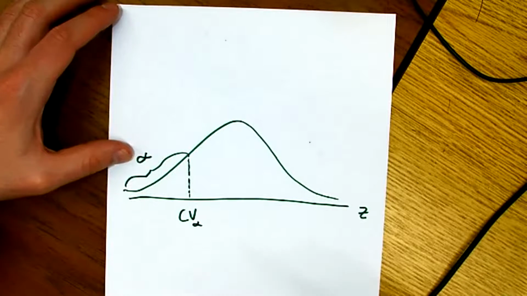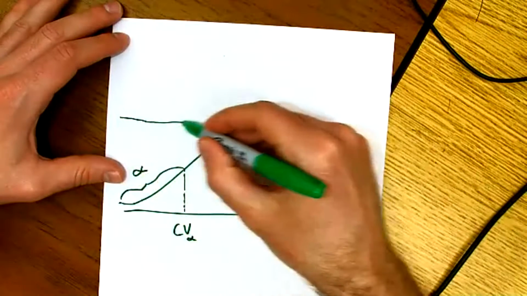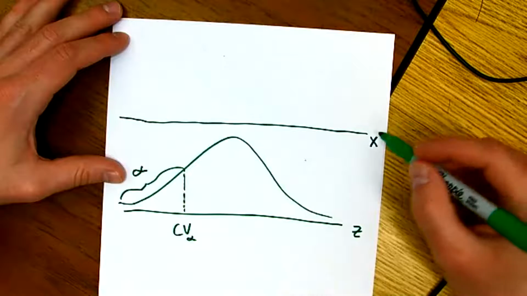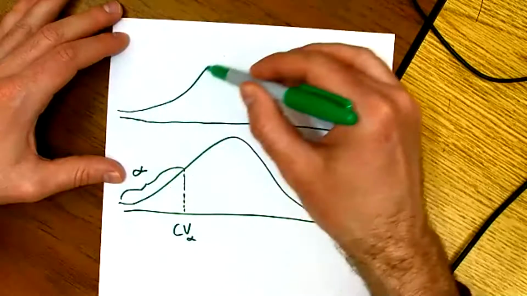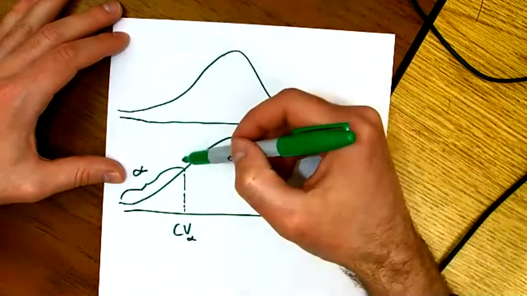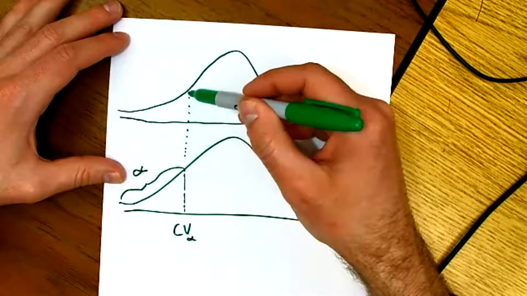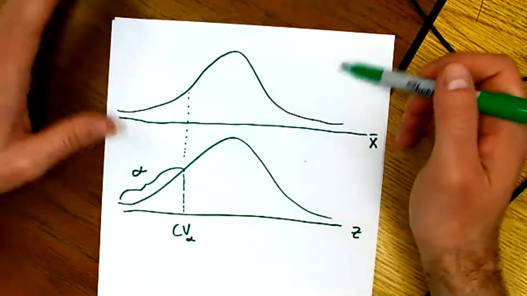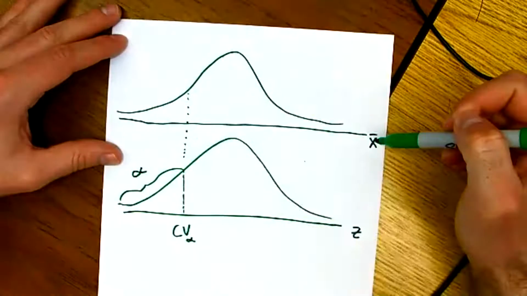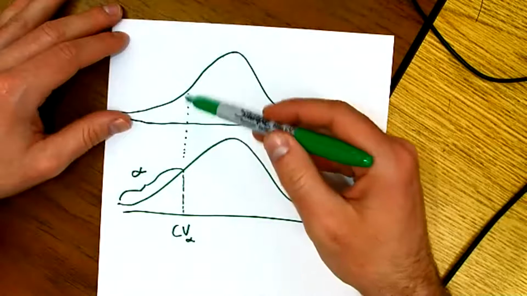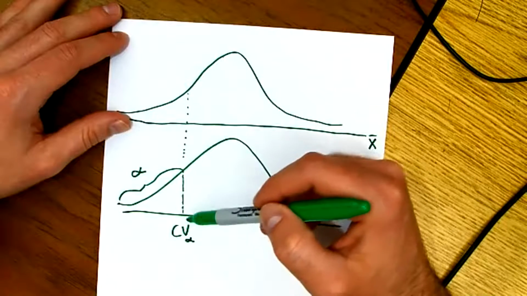Okay? Now you can imagine I could reverse engineer, or work the inverse, and if I knew the assumed true mean and the population variance, I could figure out the sample mean value that would correspond to whatever that critical value was.